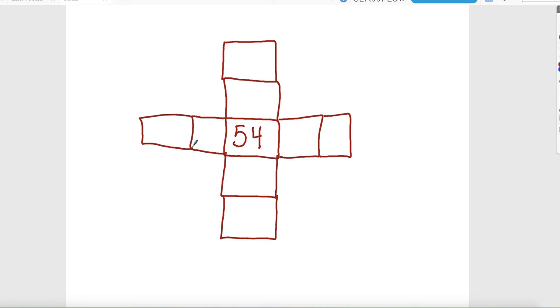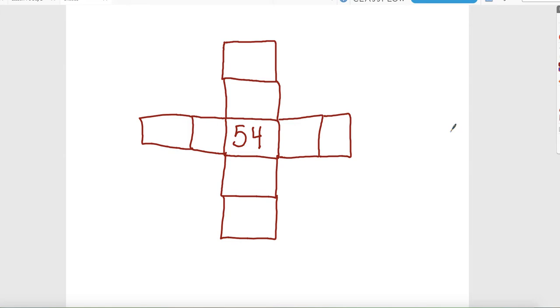I like to start with the easy ones first. I like to start with the counting by ones numbers first. I think it's a lot easier to count by ones than it is to count by tens to start out. So I'm going to start with the number 54. Now, I'm going to fill in the box that comes right after the number 54. So if I'm using the pattern of counting by ones, what number would come right after 54?